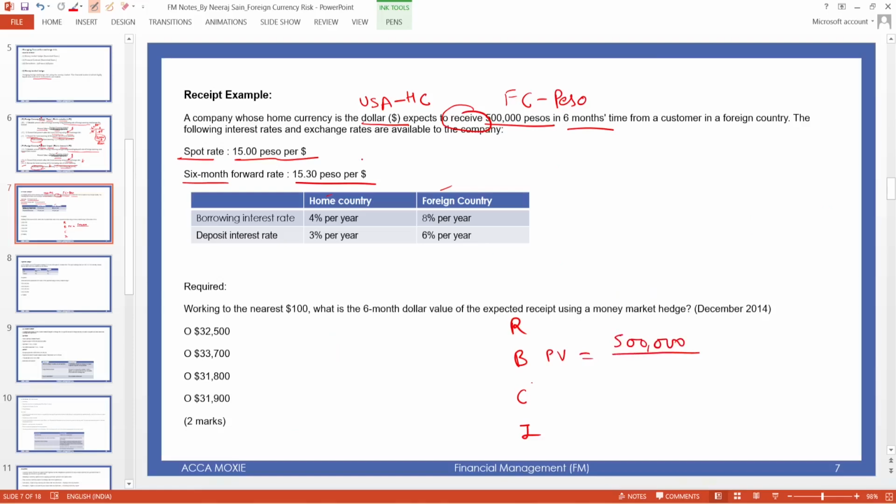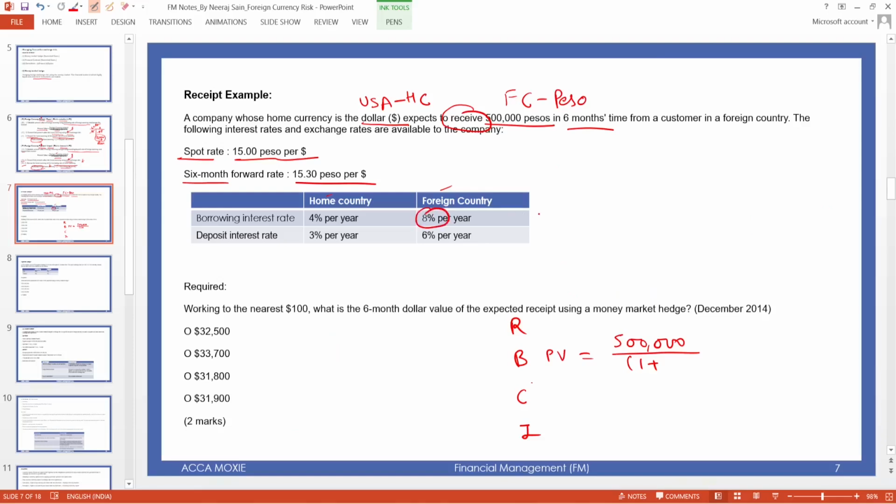You have to divide the peso amount by 1 plus the foreign currency borrowing rate.